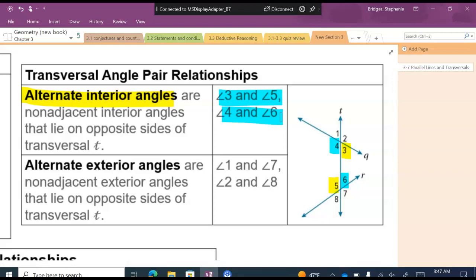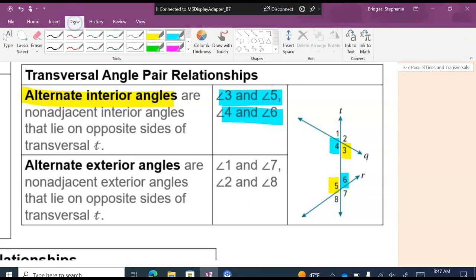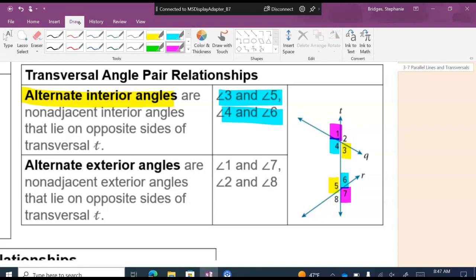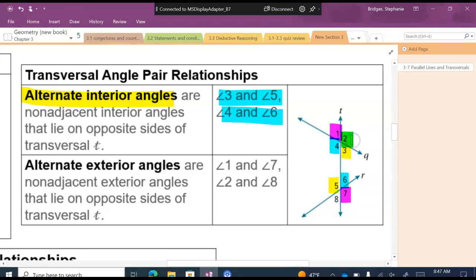All right, alternate exterior, 1 and 7, and then 2 and 8, okay? 1 and 7, 2 and 8. Those are alternate exterior angles. The names tell you where they are. Alternate means opposite sides of the transversal. Interior is in between the lines. Exterior is outside the lines. Is everybody okay with that?